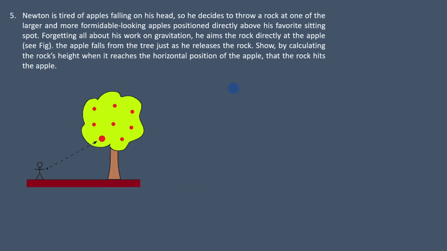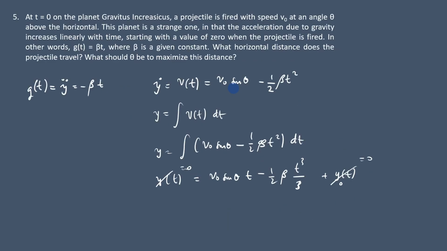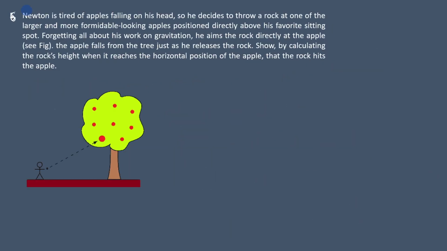So now we move to the sixth problem or question. Newton is tired of apples falling on his head, so he decided to throw a rock at one of the larger and more formidable looking apples positioned directly above his favorite sitting spot.